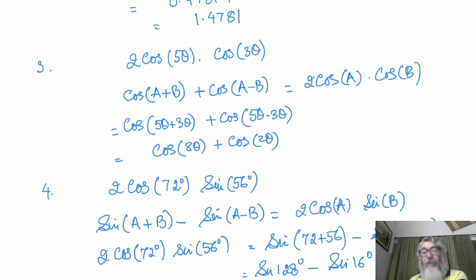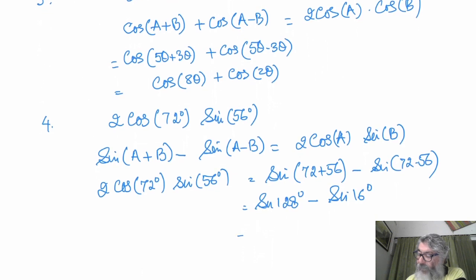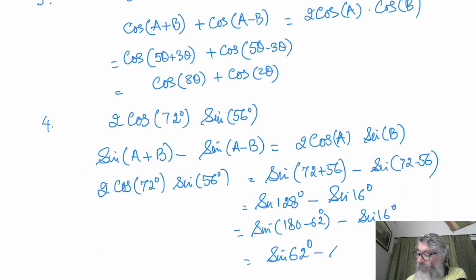Now you can see sine 16 degree from the log table, not 128, but I can write it as sine 180 minus 52. 180 minus 52 will be 128, and sine 180 minus theta is sine theta only, because in the second quadrant sine is positive, so it comes out to be sine 52 degree minus sine 16 degree.